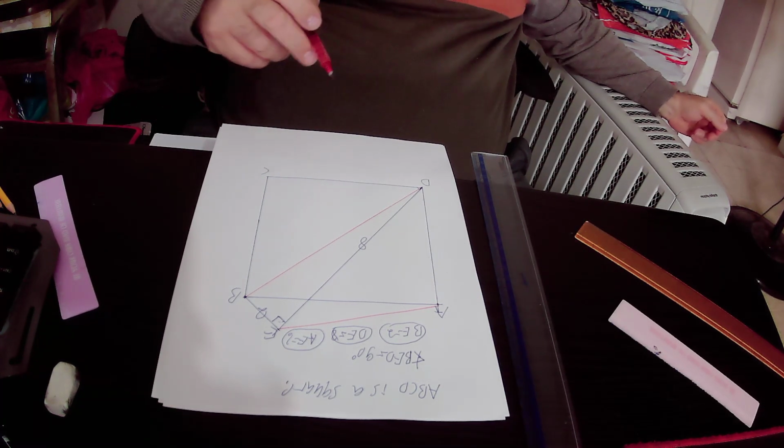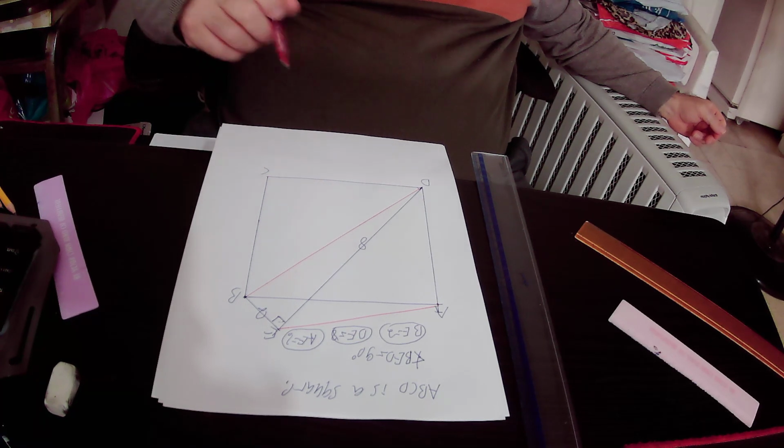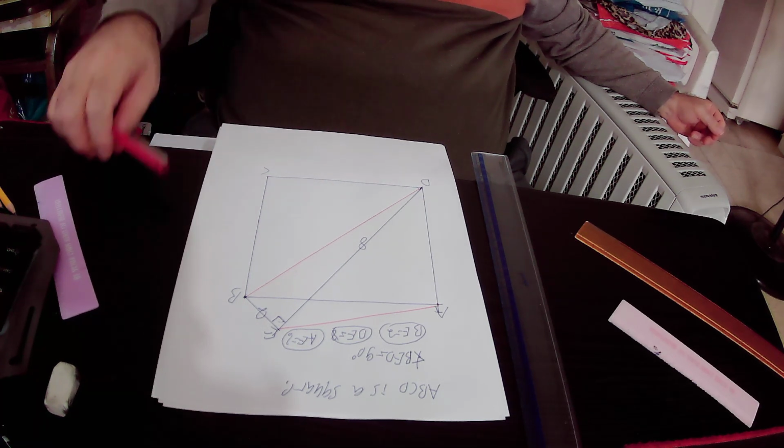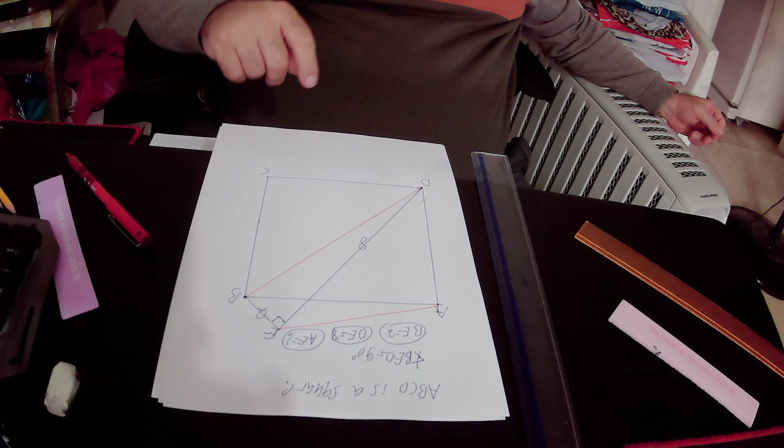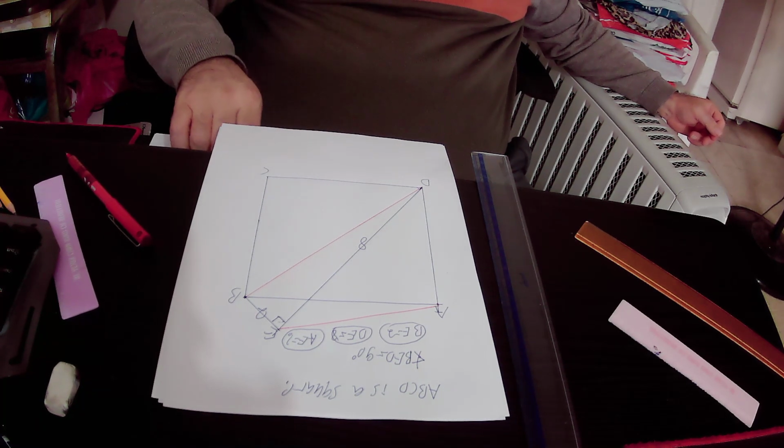Actually, triangle EBD is a right triangle, so I write it down that triangle EBD is a right triangle.